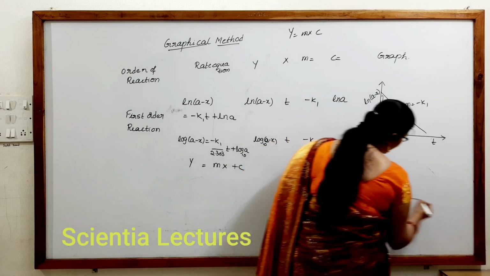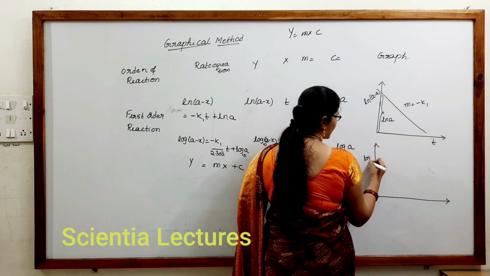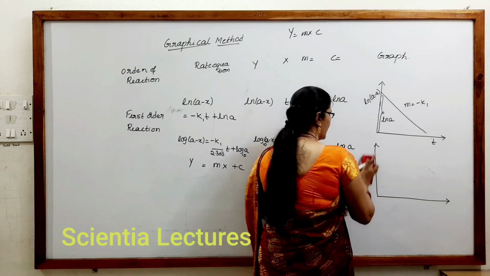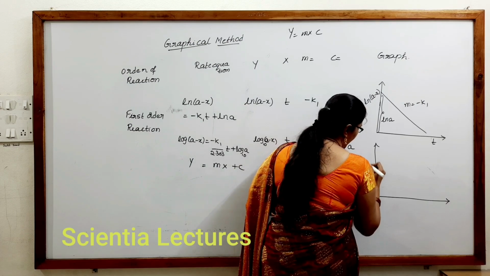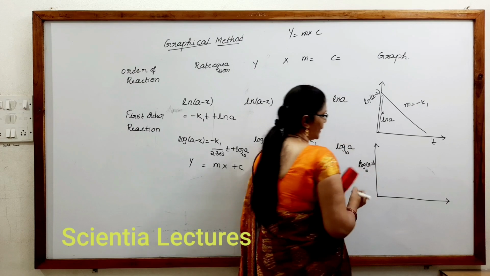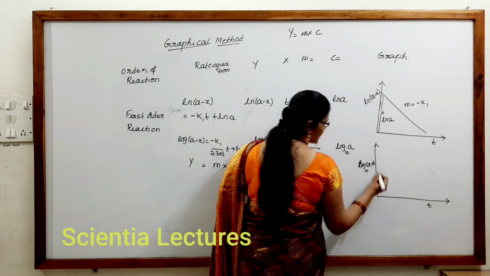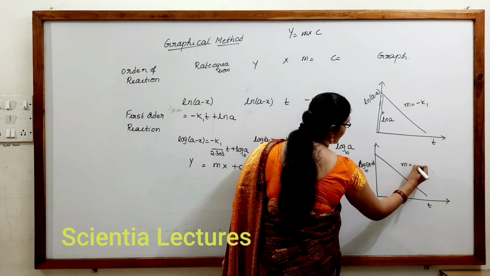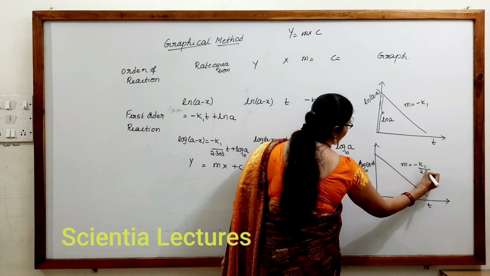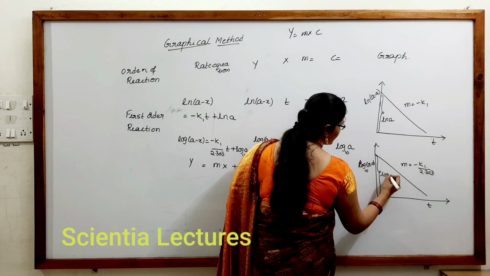In that graph, for a first order reaction, what is to be taken on the y-axis? log base 10 (a - x) should be given on the y-axis, and t on the x-axis. Now it is also a negative slope. What is the slope? m is now -k1/2.303. In this case, what is the y-intercept?